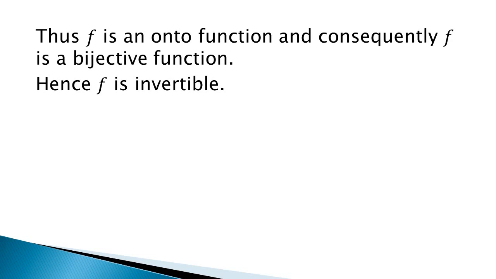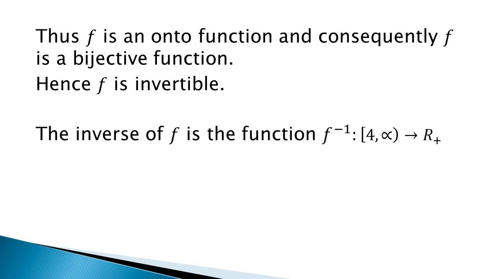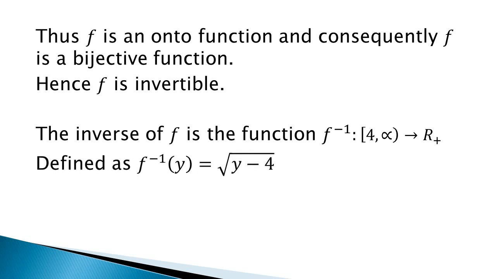And for the inverse of this function, we can define a function f inverse from the codomain of the function f, that is 4 to infinity, to the domain, that is R plus, and the definition will be f inverse of y equal to root over y minus 4, which we have found in the other slide as the value of x. That's how we get the value of the inverse function.